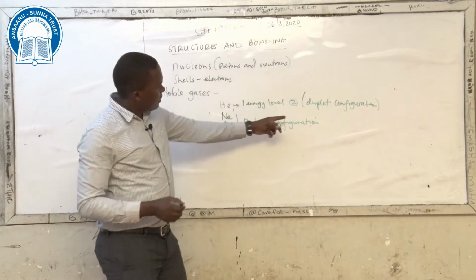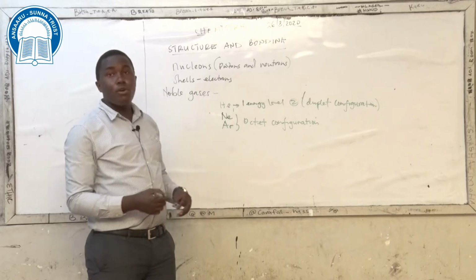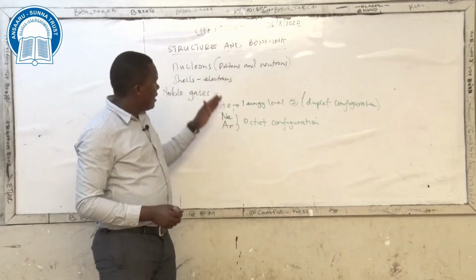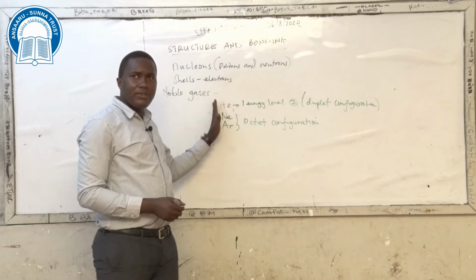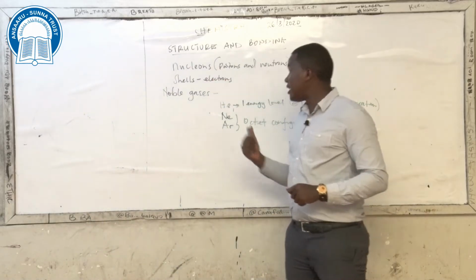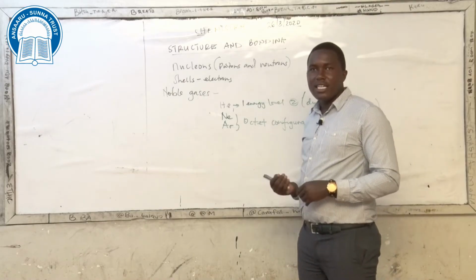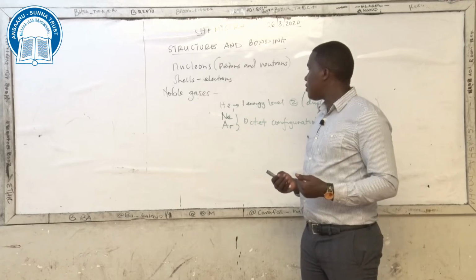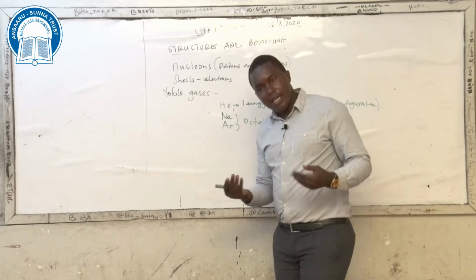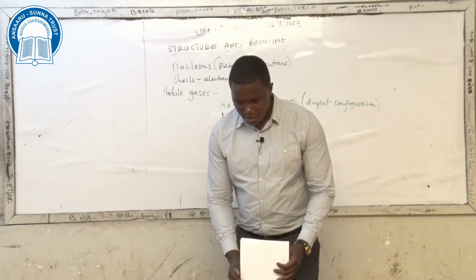So both the duplet and the octet configuration are stable configurations, and therefore any other atom which is not in this bracket will try as much as possible to attain this configuration by either losing electrons, gaining electrons, or sharing electrons amongst the bonding atoms.